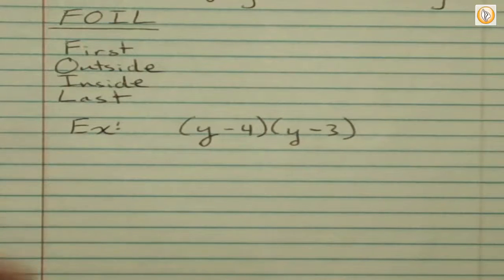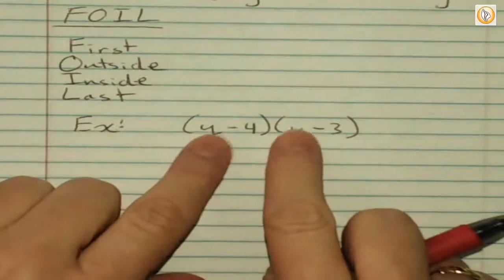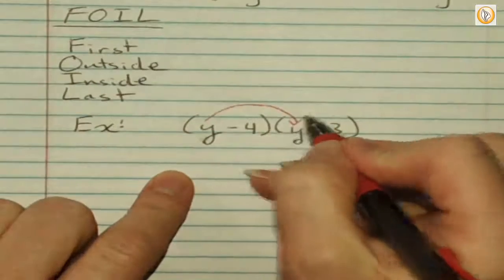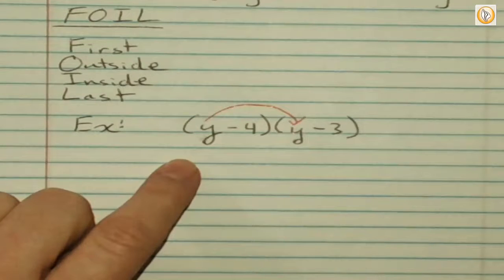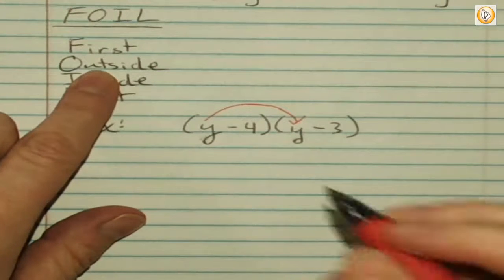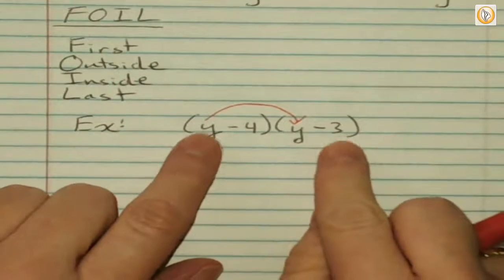And you'll see. So, first, that means you're going to multiply the first terms. You're like, yeah, okay, how's that different? Outside, you're going to multiply, guess what? The outside terms.